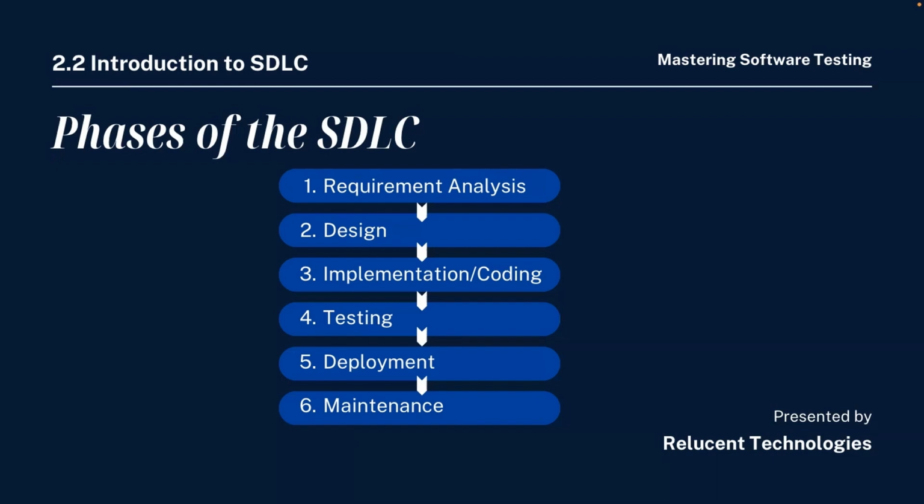In this phase, it's all about validating the software against the requirements. Testers perform various types of testing to identify defects and ensure the software works correctly. So this is where we come in. This is where the testers come in. And they're actually testing the software against the requirements. Remember the business needs?